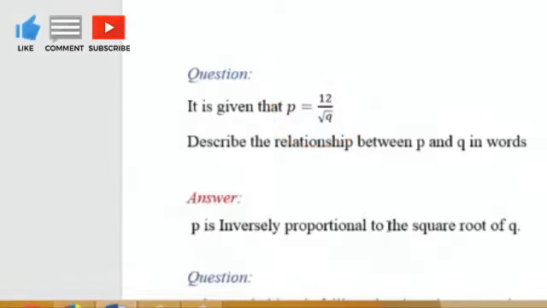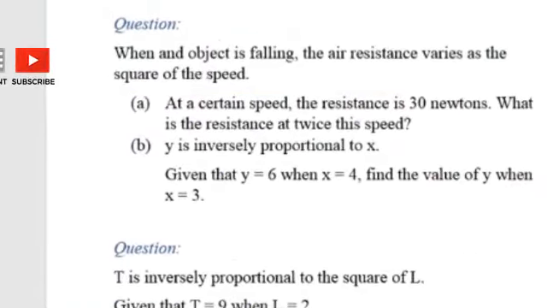So now let's come to the second question. The question is that when an object is falling, the air resistance varies as the square of the speed. Okay, so let me write it. It says varies. So here it is not mentioned whether variation is directly or inversely. But if it is not mentioned in the question, normally it is directly proportional.